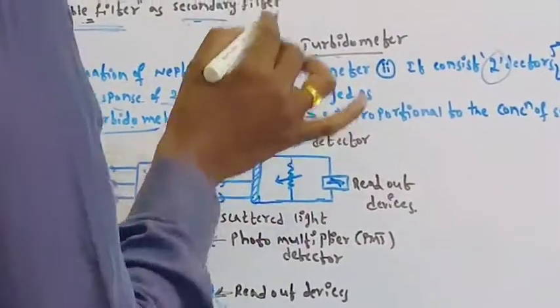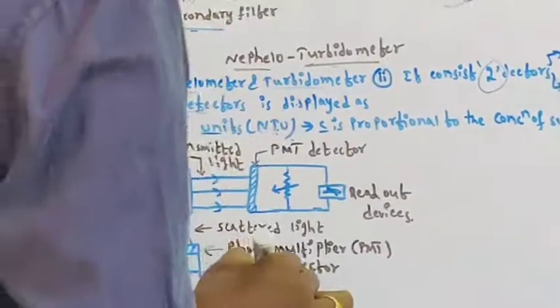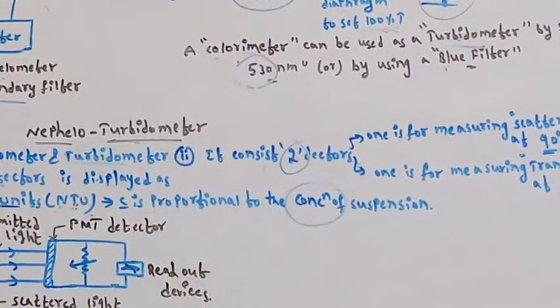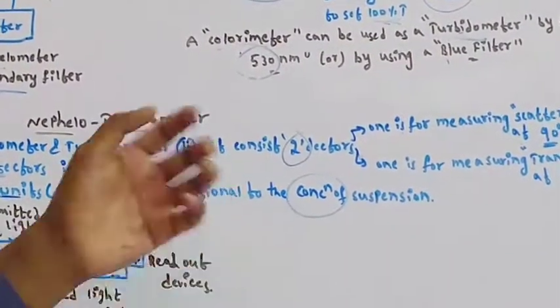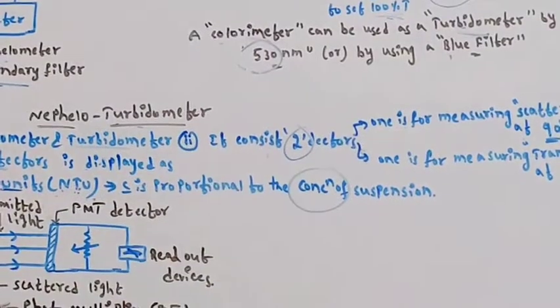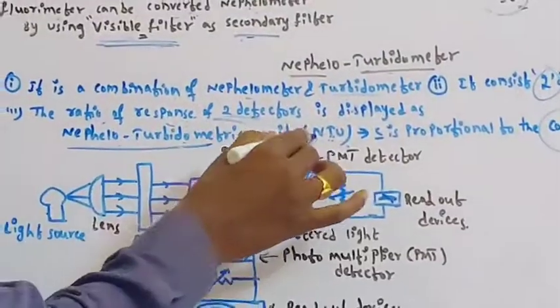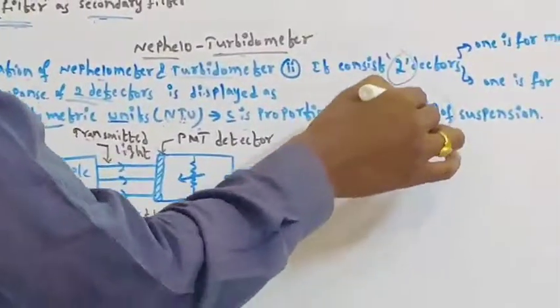This NTU is proportional to the concentration of the suspension. As I told you, the scattered light and transmitted light are measured as a function of concentration. Both will be displayed in the form of NTU, which is proportional to the concentration of the suspension.